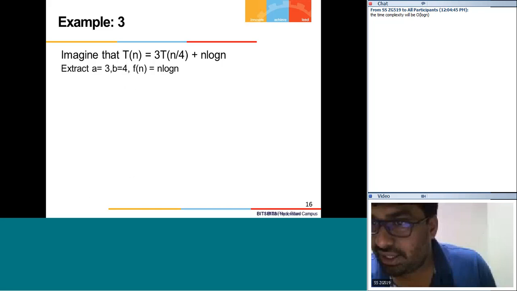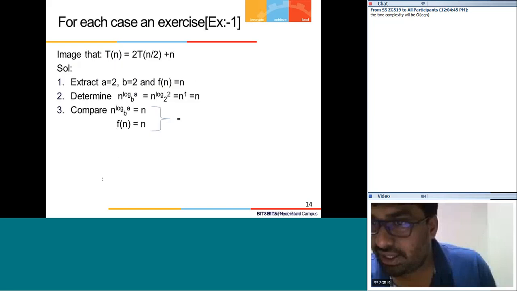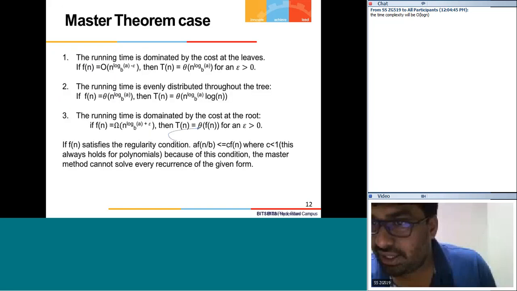Now, before explaining example number 3, let's work on case number 3 once before we go to the problem here. I'm going to case 3 and we'll just finish it quickly. Now, can people read case 3? The third master theorem case. Anyone can read master theorem case 3.